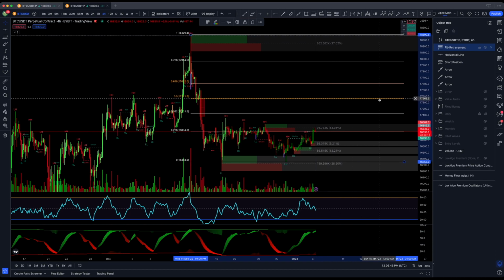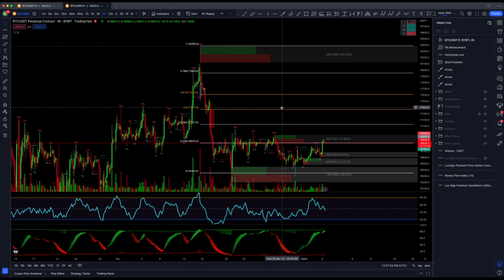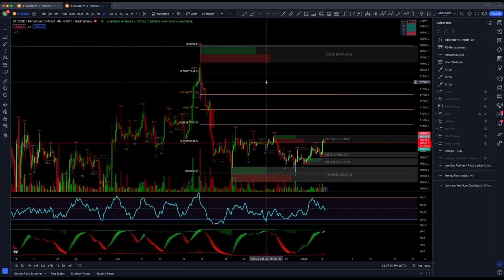So, even if we analyze, I mean, look. The 0.5 is 17,355 or $17,375. That's the whole move from our recent high before FTX came in and doused everyone's flames, let's just say.